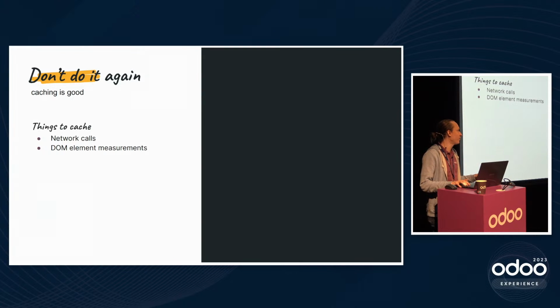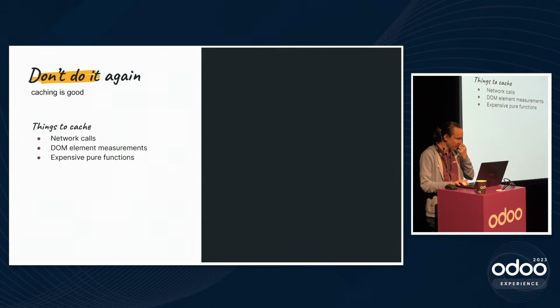And if for some reason the layout that the browser computed for the previous paint of the interface is no longer valid because you changed the style of some element, you added some CSS class, or you just move some element around, by doing a DOM element measurement, you're forcing the browser to redo all of the layout work to know where each element is on the page and on the screen. And so this you should do as early as possible in the lifecycle and keep it in cache if ever possible.